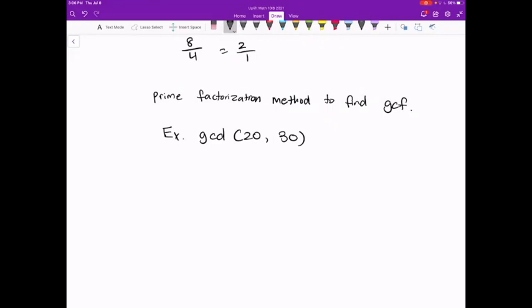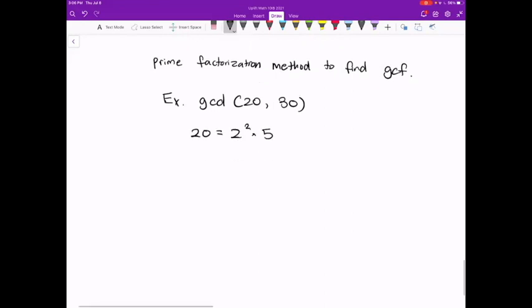The first step to this method is to prime factor the numbers. We prime factor 20, which gives us 2 times 2 times 5, or 2 squared times 5, and then we prime factor 30, which gives us 2 times 3 times 5.